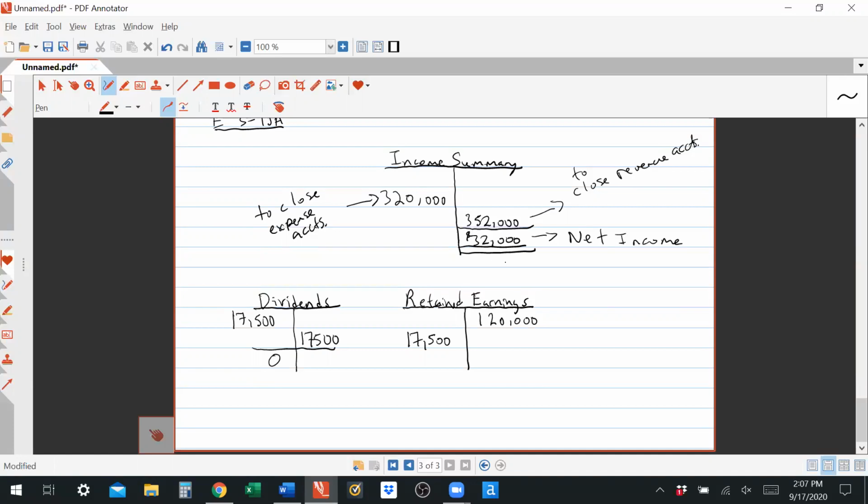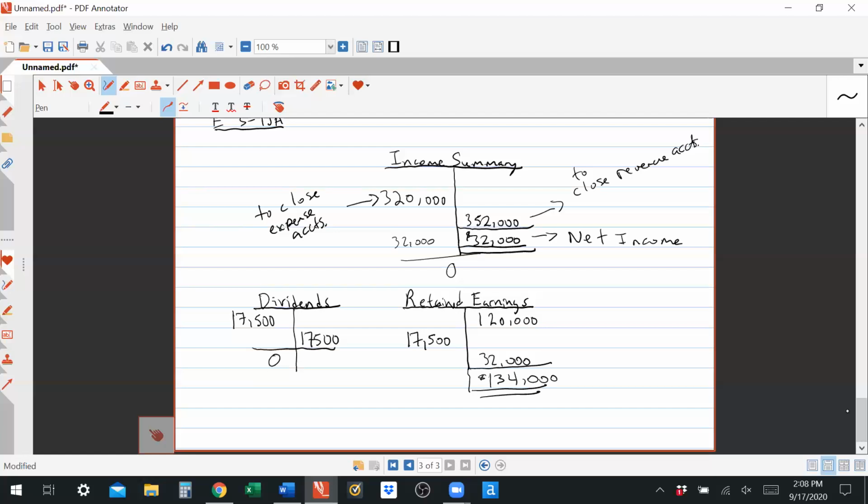Finally, we have to close out income summary. If it has a credit balance of 32,000, we're going to have to debit income summary so that it now has a balance of zero. And what do we credit then? Credit retained earnings. Eventually, all the temporary accounts end up being closed out to retained earnings. So retained earnings has an ending balance of, I believe, 134,000.